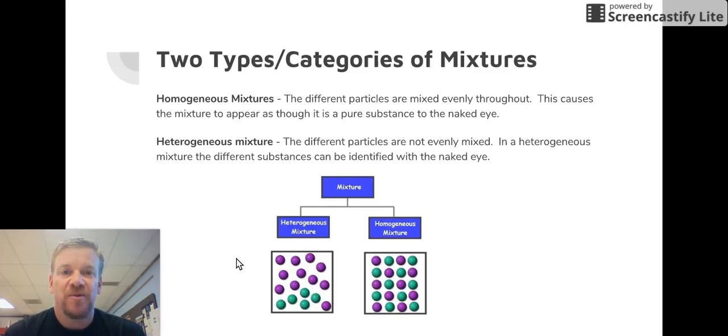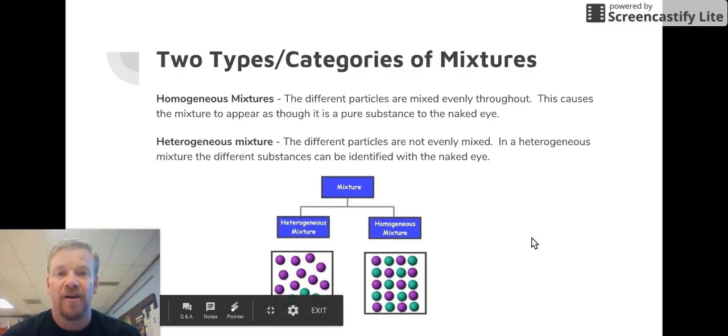So homogeneous mixtures look like one pure substance, but it's because their particles at a very small level have been evenly distributed. Heterogeneous, again, uneven distribution of the particles at the microscopic level, and then actually you can see the different parts because of that. So I get a green area and a purple area because of that.